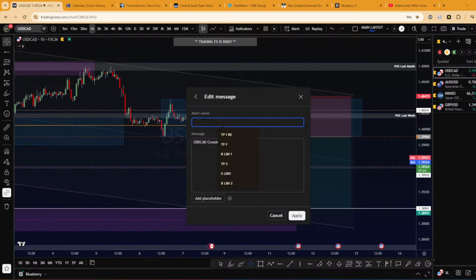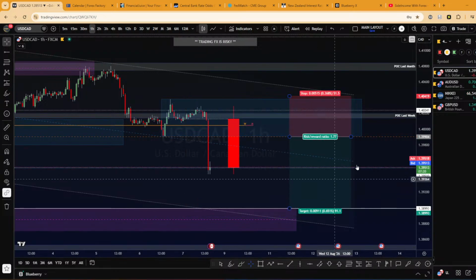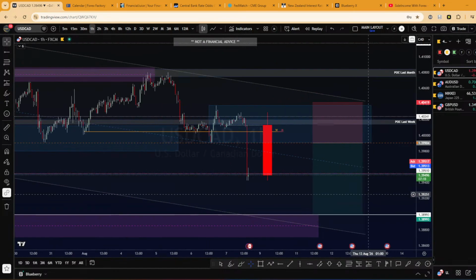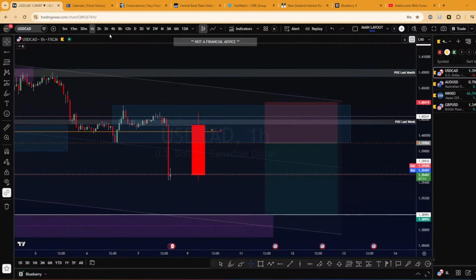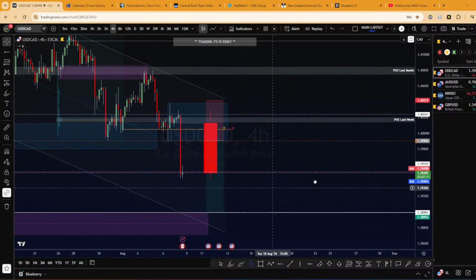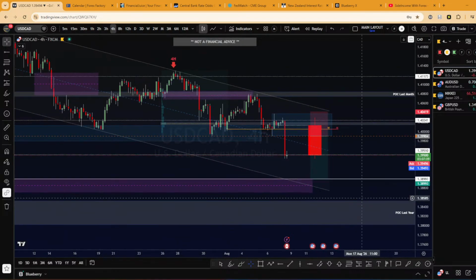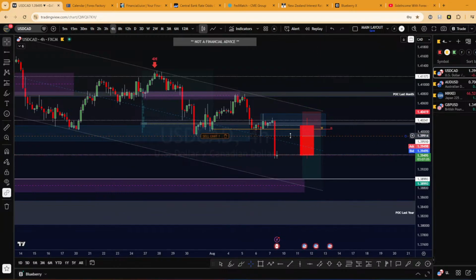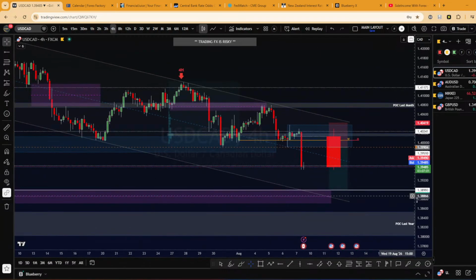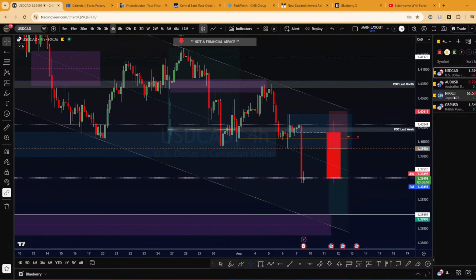I will make a sell limit. We still have room to target here, but I don't know if we could get a retracement here before dropping. That's why I put some highlight here.